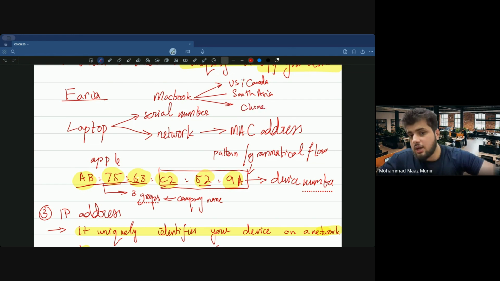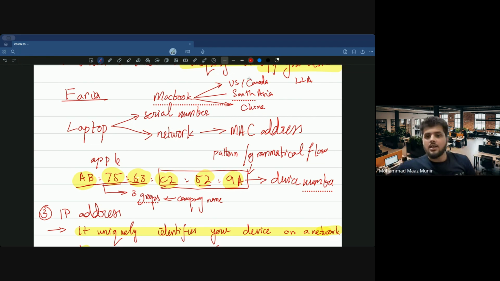Now, the US or Canada devices are always going to start from a code LLA. This is only for the US or Canada. Then you have the South Asia one, which might be HNA. You don't have to memorize this, but it's for your own information. And then China could be CH. Now, the purpose of having such regions is just like Ibrahim said, to make sure that there is no repetition.